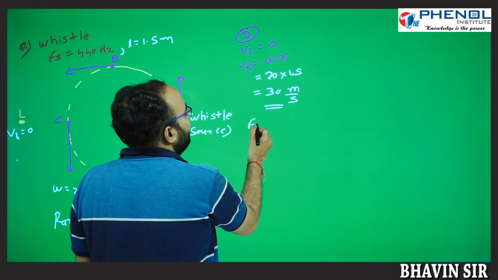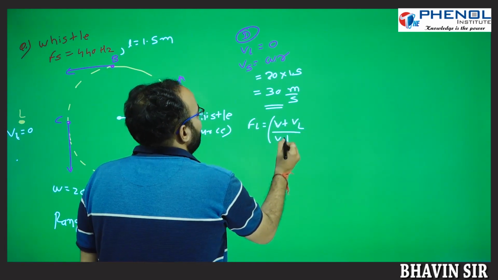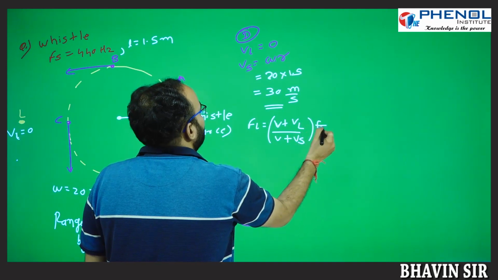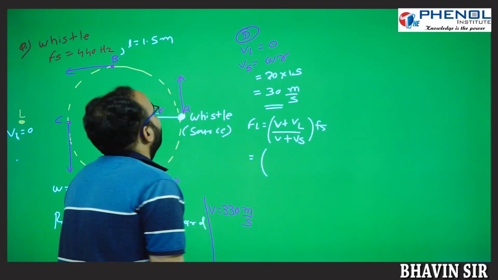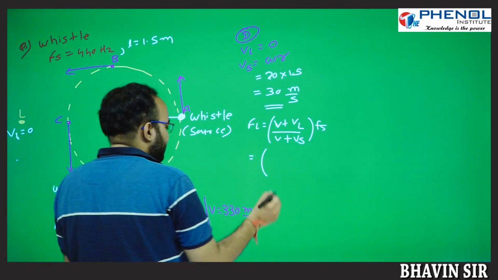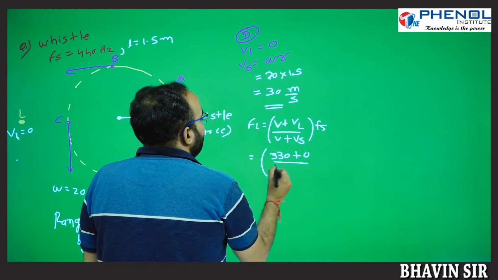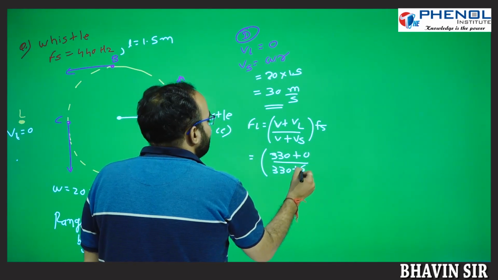Now the formula: F_L is equal to (V plus V_L) upon (V plus V_S). The speed of sound is 330, the listener is stationary, so 330 plus 30.